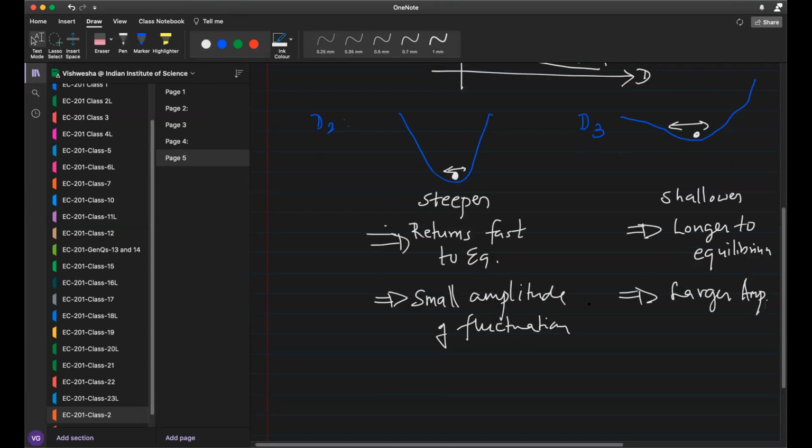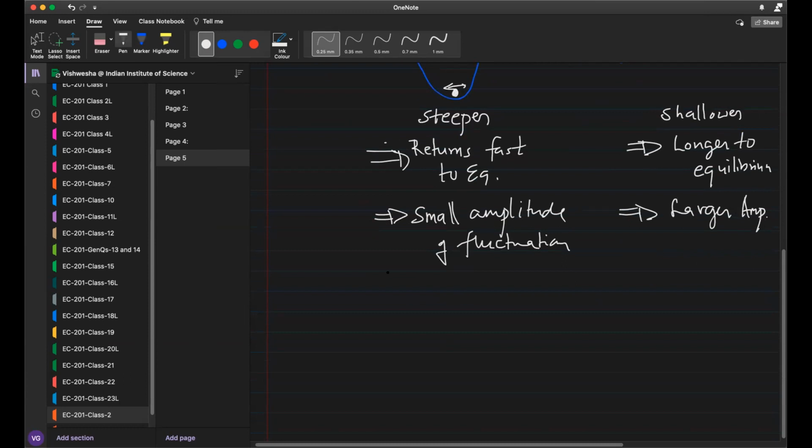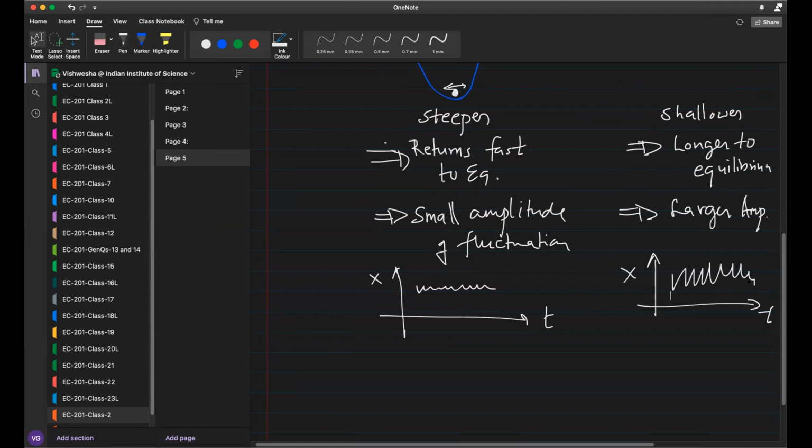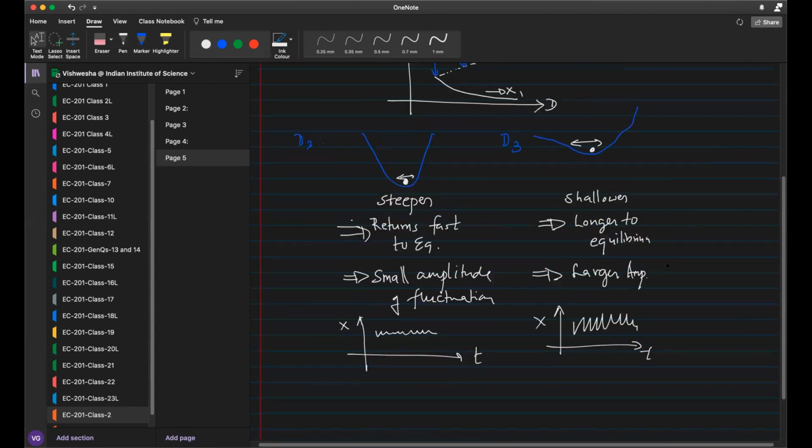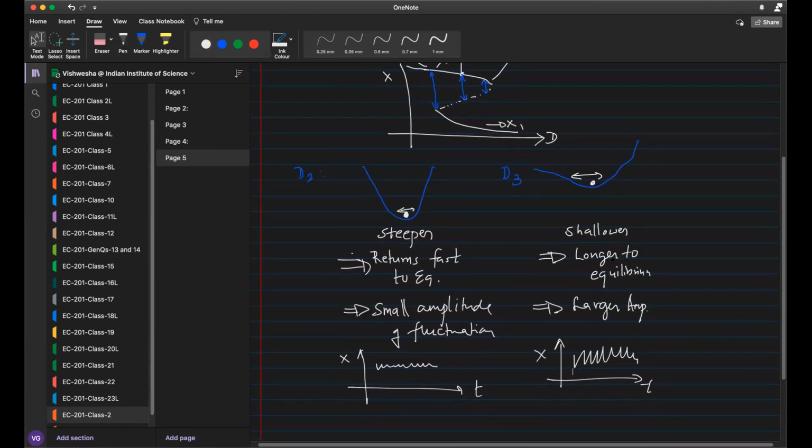If you were to visualize this, for example, if I were to plot x as a function of t here and x as a function of t here, does it make sense? So when you are closer to the bifurcation point, the system will show larger amplitude of fluctuations. Do you agree with that?